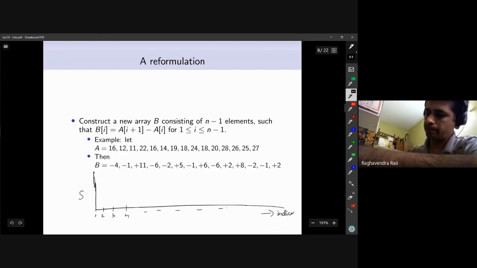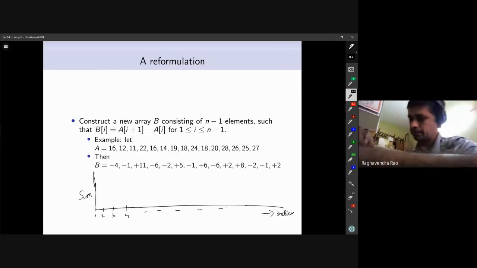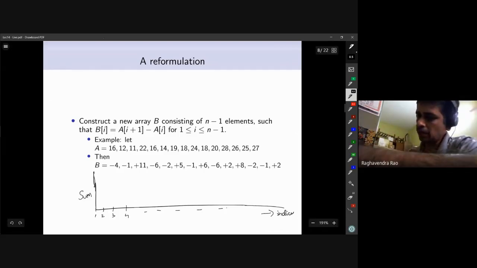So what we do is, let us take minus 4 here. Initially it was minus 4, and then minus 4 plus minus 1, which is minus 5.